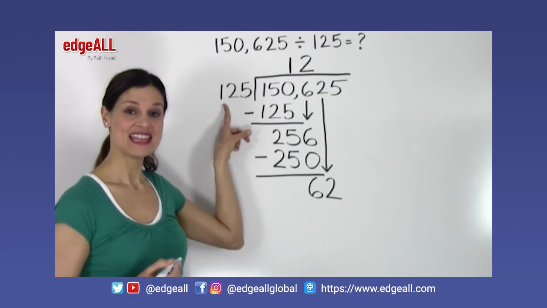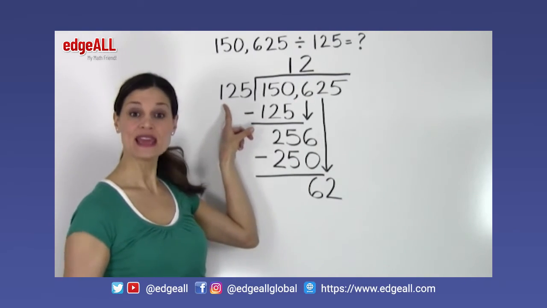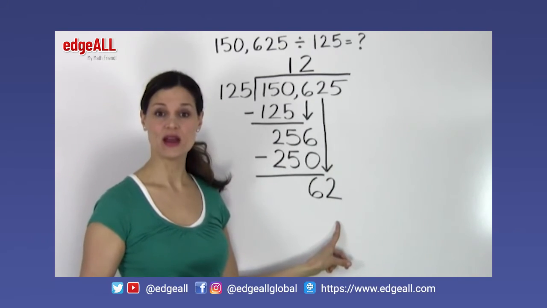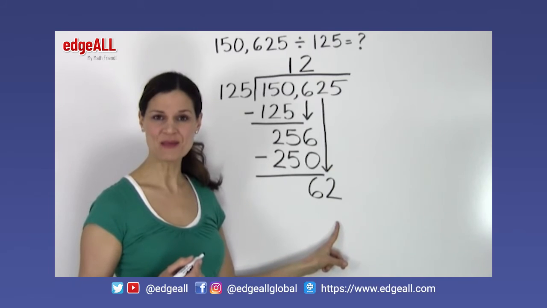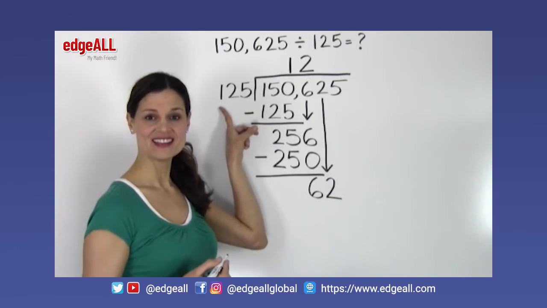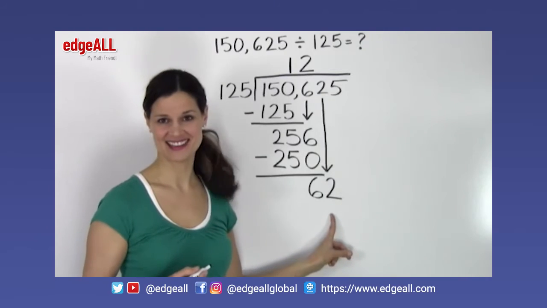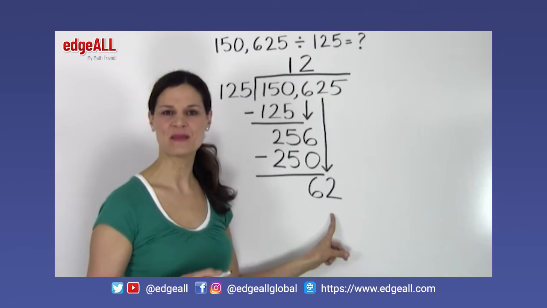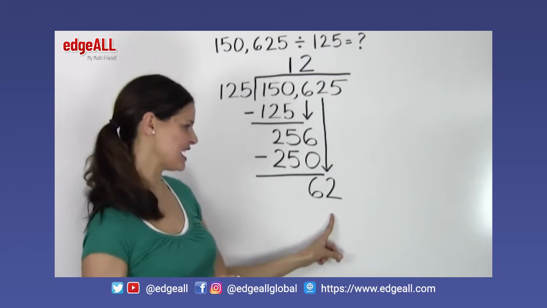This may seem tricky because 125 is greater than 62, so there is no whole number that can be multiplied by 125 to find a product less than 62. Or in other words, there's no whole number quotient that will work here.